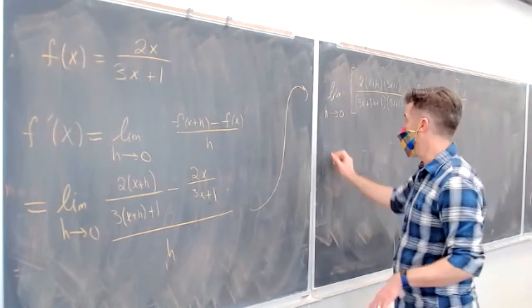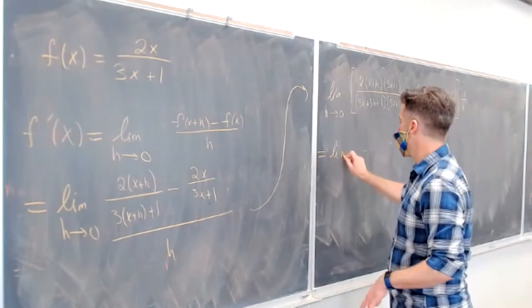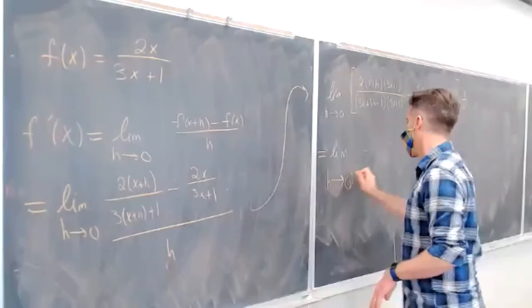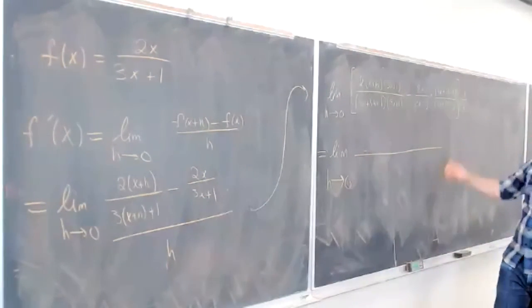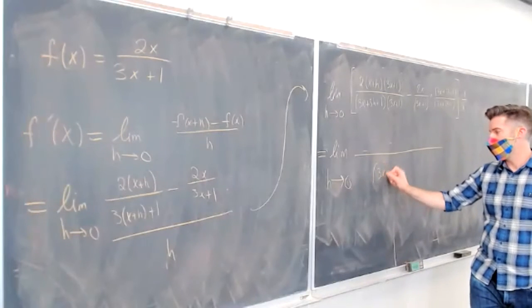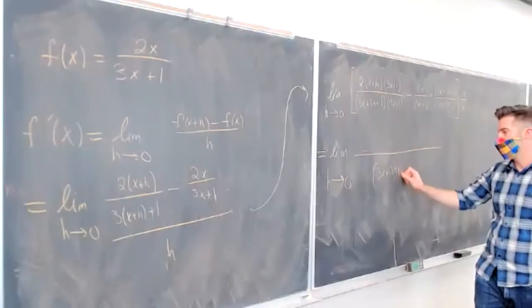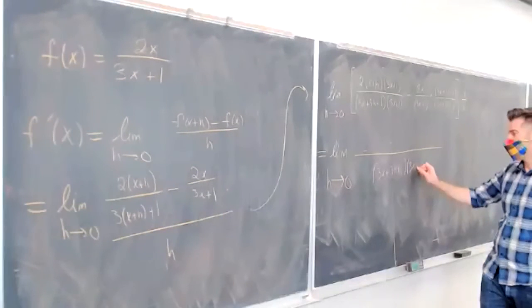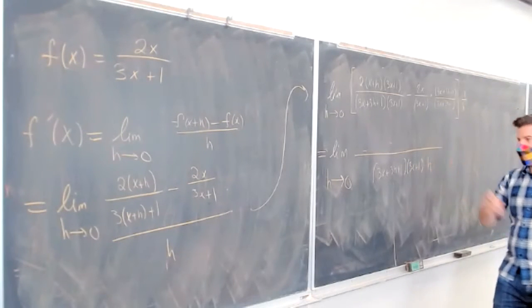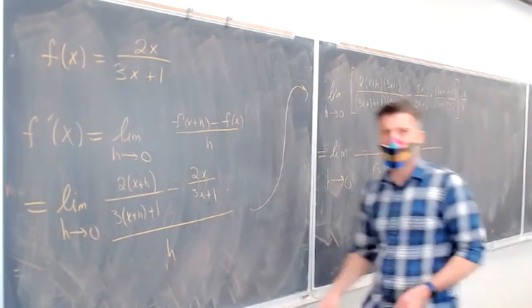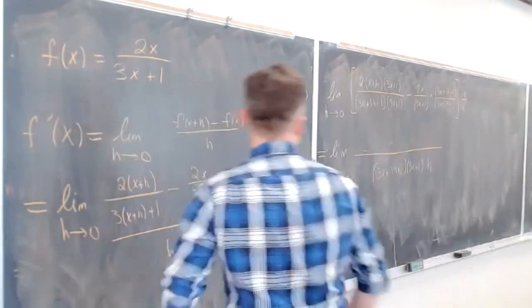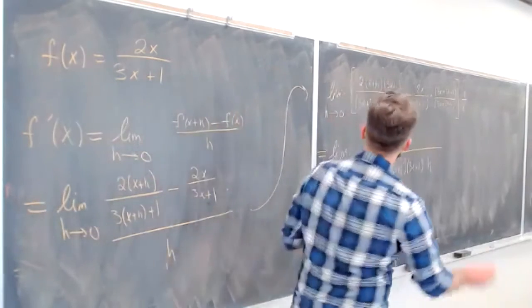So I'm going to write this as the limit as h goes to 0 of, well, the denominator is just going to be this times h, 3x plus 3h plus 1 times 3x plus 1 times h. The numerator is going to be a little gross. I'm going to do some preliminary work right here just to make it not take up all the space in the world.